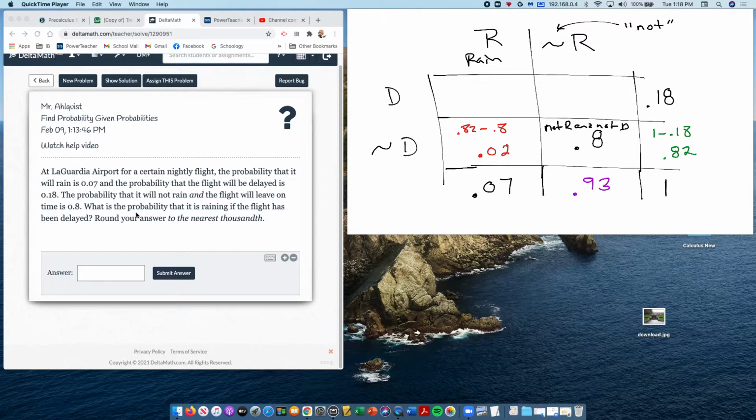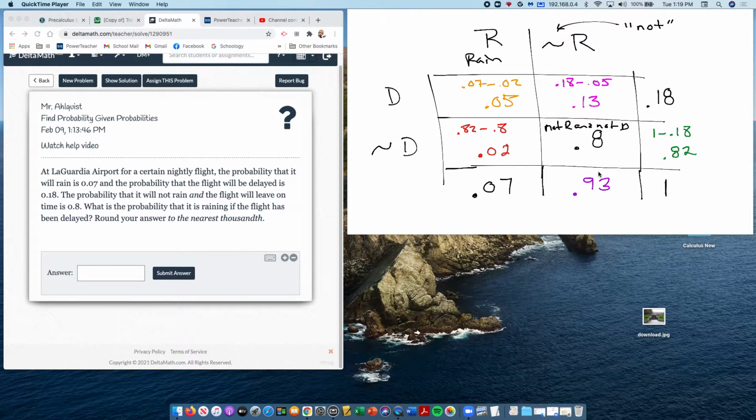If we know that 0.07 minus 0.02 would be this box right here, so that one's 0.05, because together they have to add up. And then finally, you could calculate this last box any way you wanted to, but 0.18 minus 0.05 has to be 0.13. And if you look at 0.13 plus 0.8 is 0.93, and so we have everything we need.